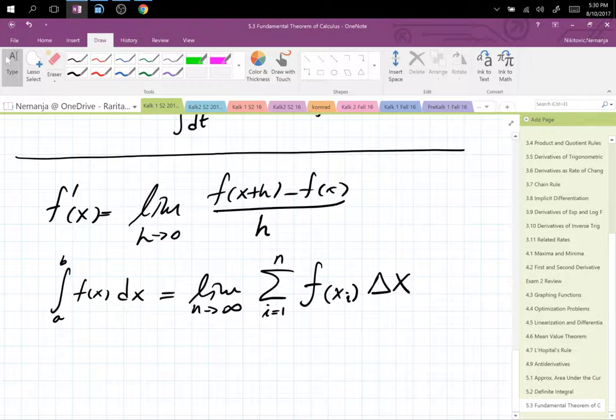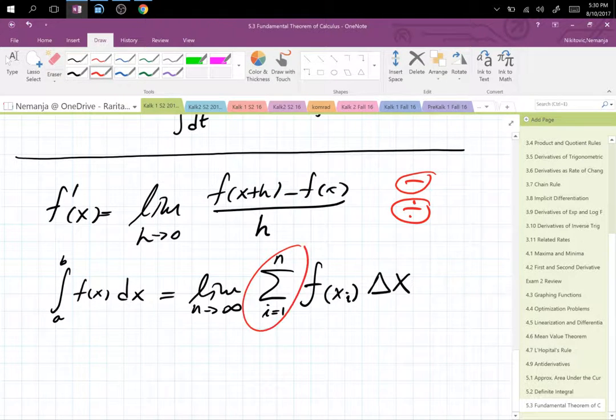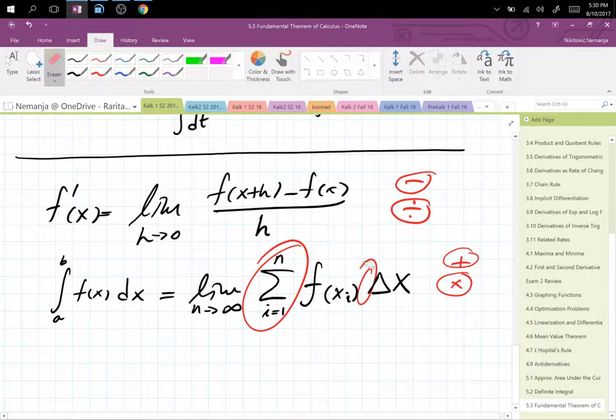Perfect. You see why they're opposite. Look, the formula on top, they both have limit, right? One limit goes to 0, the other one goes to infinity, right? That's opposite. But look at this. This formula here is fueled by subtraction and division, right? And the formula on the bottom has addition and multiplication. Do you see that? They're completely opposite of each other.